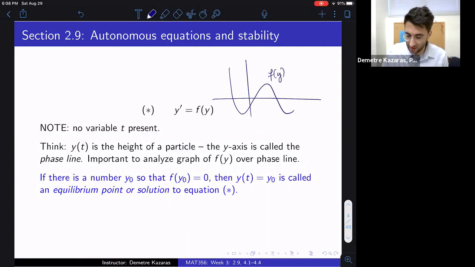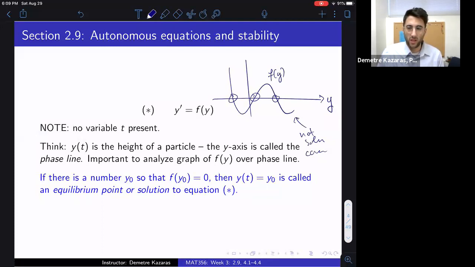This is not a solution curve, it's a different type of object. It is the graph of the right-hand side of the equation over the phase line.